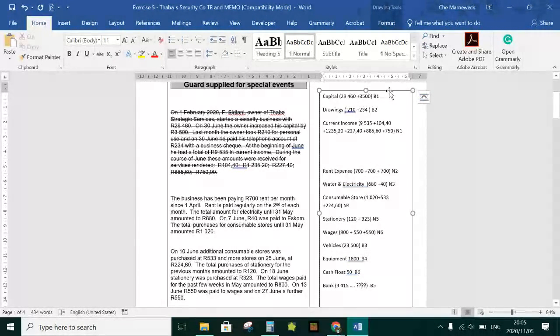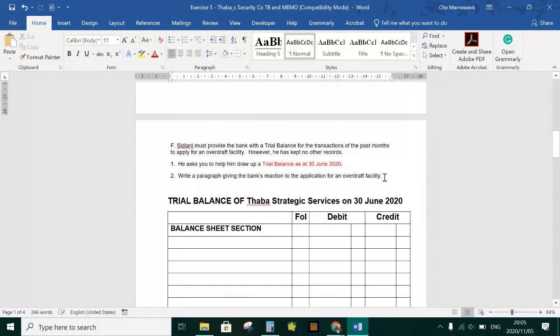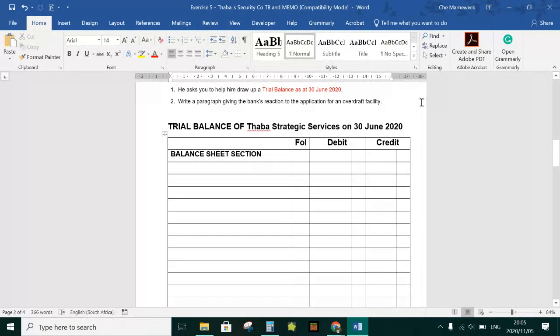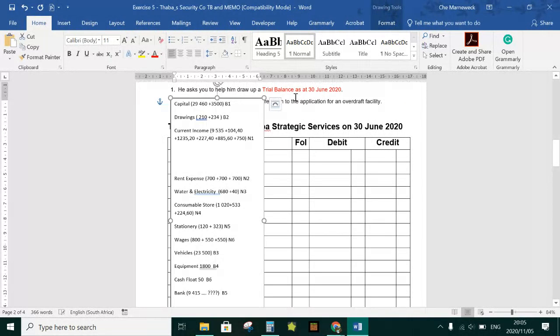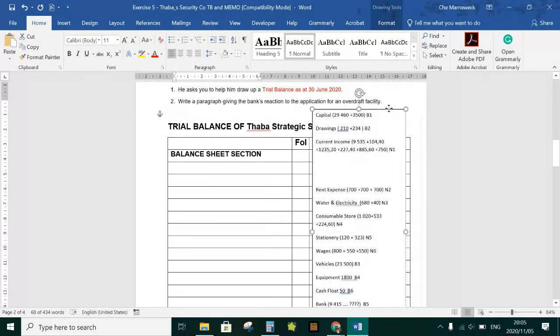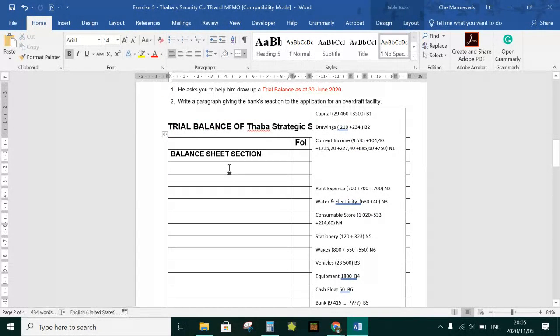So we're going to record this. I am actually going to move this down as we go, just to help myself. So let's record the order of our accounts first. We've got capital, B1. Drawings, B2. B3 is vehicles.